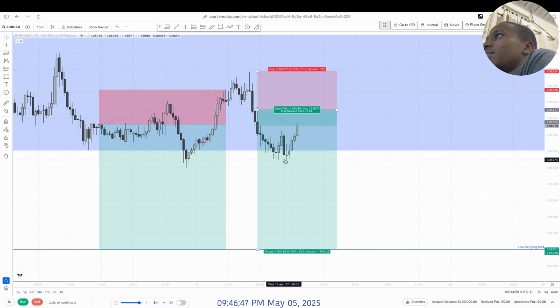Alright, so we can see the market has been pushing higher, and I don't think we can stop it from doing that. So I guess a new bias will be to push the market higher.